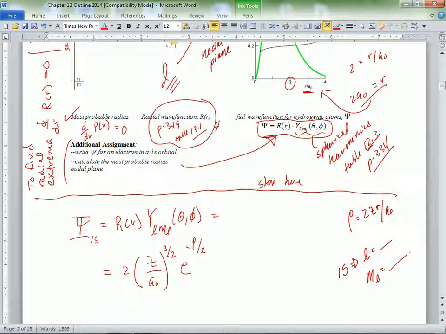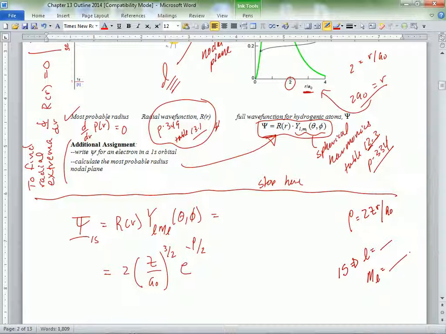What's that Y again? Spherical harmonics. You have to look it up in the table, and they're all listed by different l's and m sub l's. You need to know what the l and m sub l are.